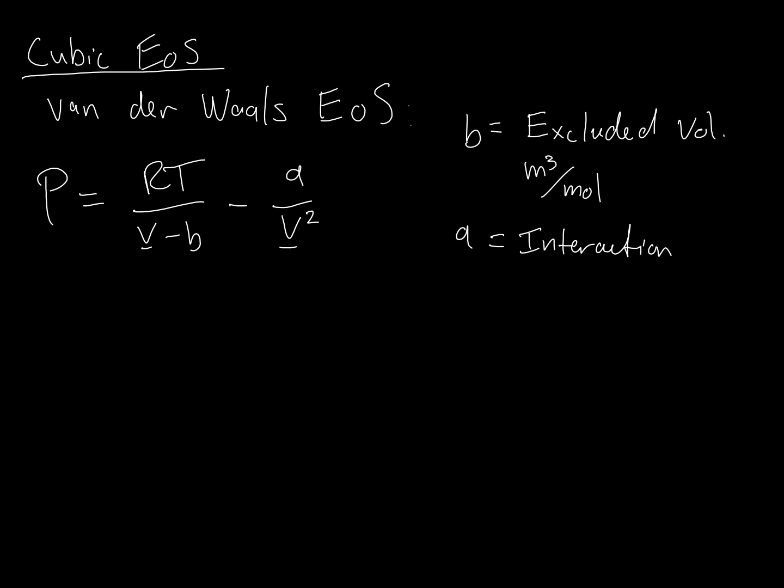So let's break it down. This term here, what units does it have to have? Pressure per mole squared. Almost. Almost. All the pieces of the puzzle are there. Meters to the 6 divided by moles squared, it's almost again. We're missing one thing. Kelvin. So let's step back. When I'm done multiplying A and V squared, what units does this term have to have? It has to have pascals. This is a pascal.